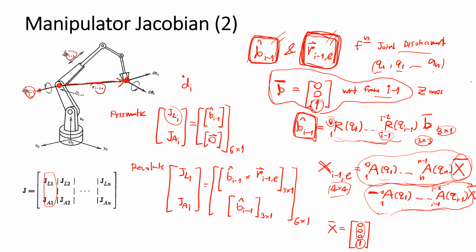So the relative position vector from this, what we have, we're gonna have the 4x4 matrix, right? But if we multiply the 4x4 matrix with x, we're gonna have 4 by 1, because it's 4 by 4 and 4 by 1.